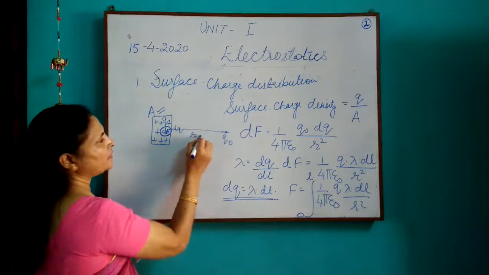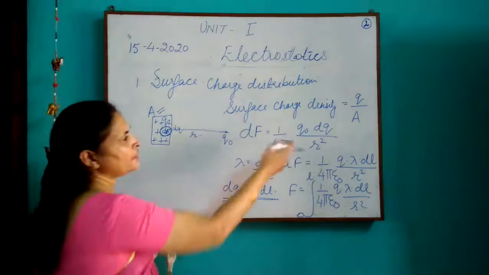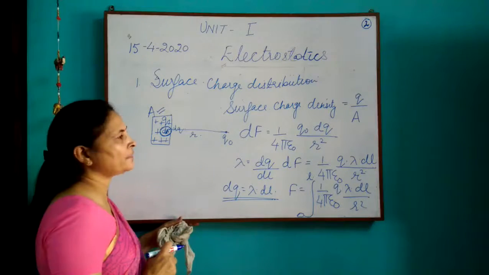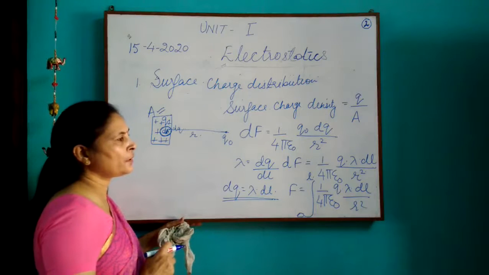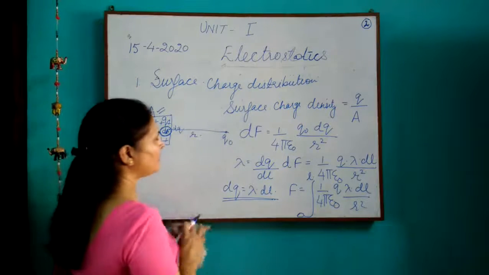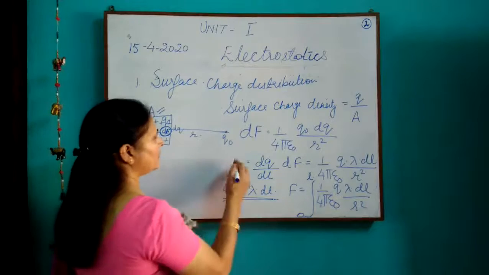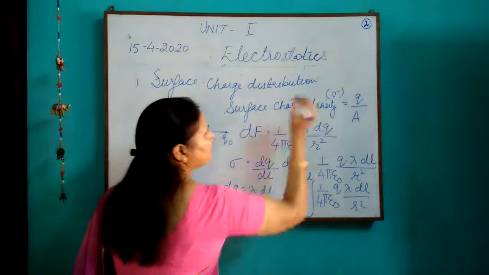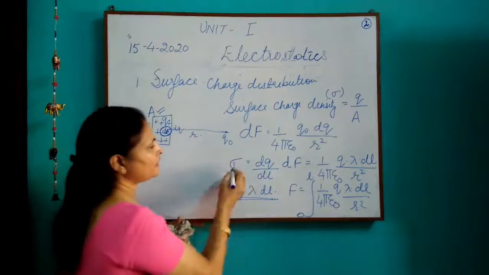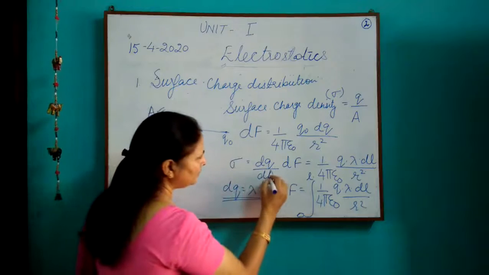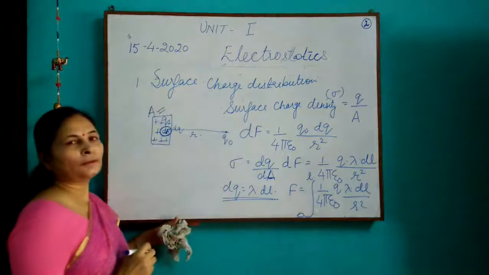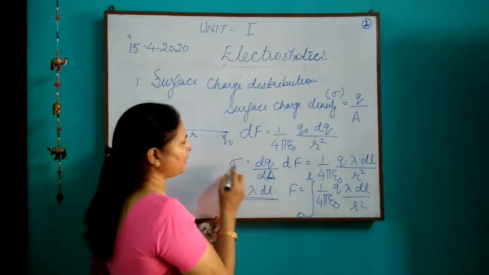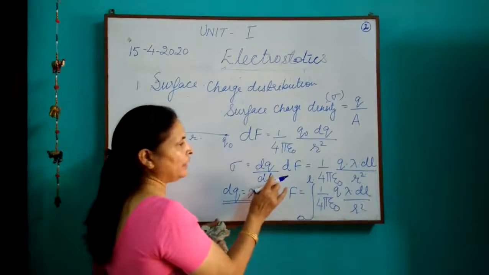The distance between them is r. The expression will be the same: dF will be equal to 1 by 4 pi epsilon naught q naught dq upon r square. Now here I'll change it with sigma. Surface charge density is denoted by sigma. So sigma is dq upon dA, and accordingly dq will be replaced by sigma into dA.